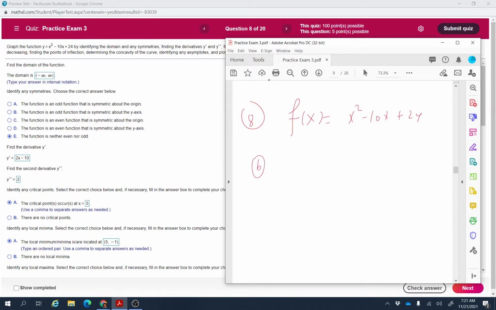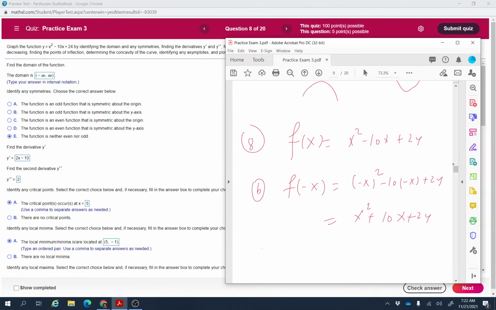Now for the symmetry, just replace x by negative x. By doing that, you will see that it is x squared plus 10x plus 24. If f of negative x is equal to the function itself, that means the function is an even function, symmetric with respect to the y-axis.